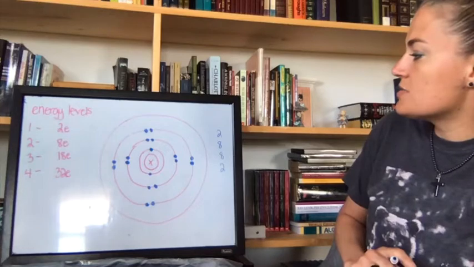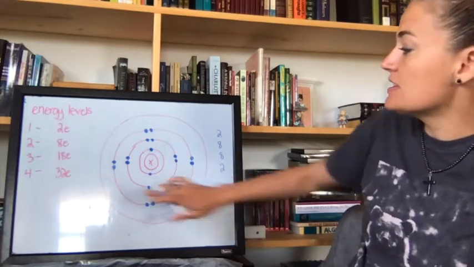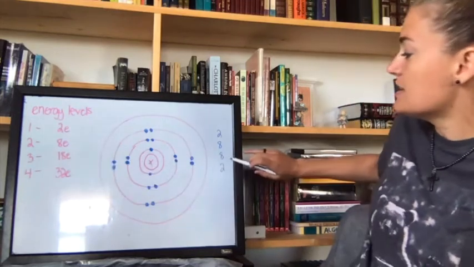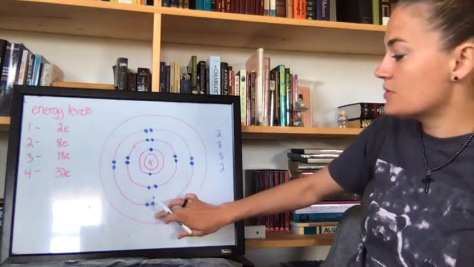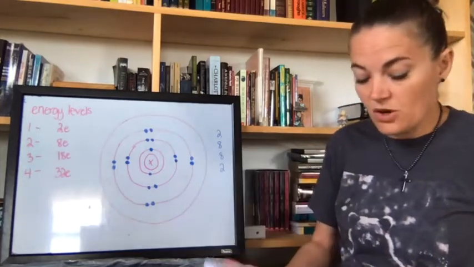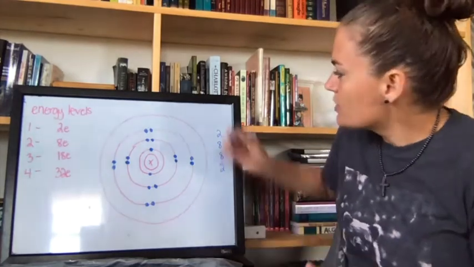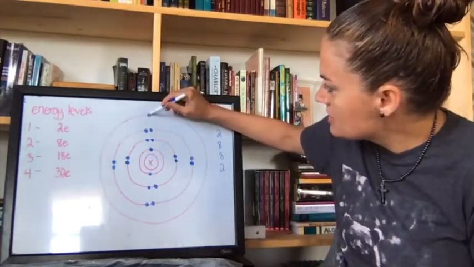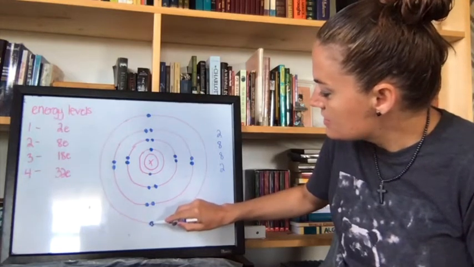18 electrons. Okay, now at this point, even though it can hold 18, we've got 8, we're going to pop to this outer level, okay? So when we go to potassium, which has 19, we're going to be putting them here and here, okay?